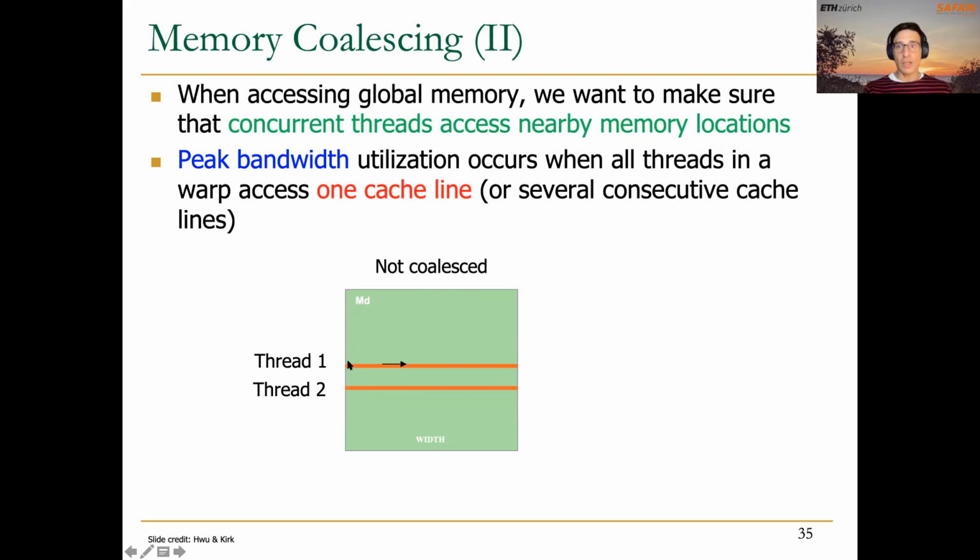Notice that for the first and second accesses of both, there is a long distance between where these elements reside in memory. There is a long stride between the elements that thread 1 and thread 2 want to access. So these elements are not in the same cache line, or in several consecutive cache lines. They are likely in different rows.